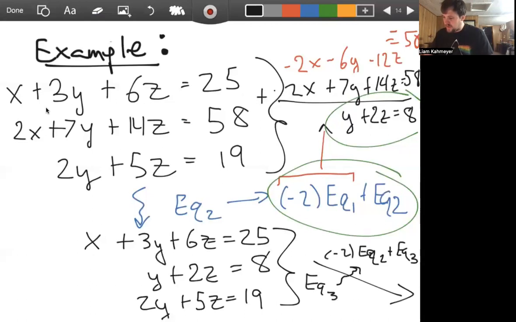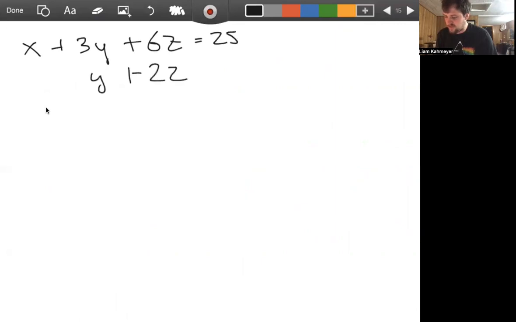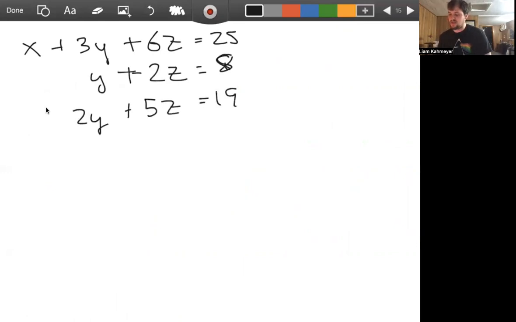Let's see what we get here. And then just for the sake of convenience, I'll copy this again. So we have x plus 3y plus 6z equals 25. We simplified this to y plus 2z equals 8. And then we had 2y plus 5z equals 19.